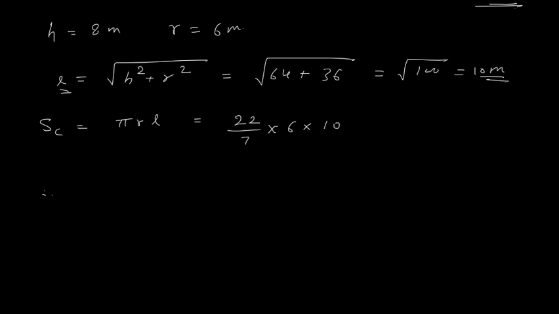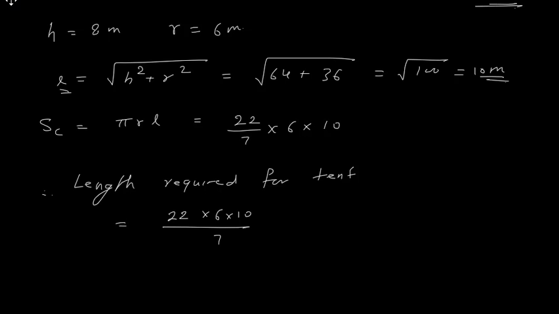Fine. So this is my curved surface area, and as I am using a 3 meter wide cloth, therefore I will say length required for tent is equals to, this much is total area, 22 into 6 into 10 divided by 7.